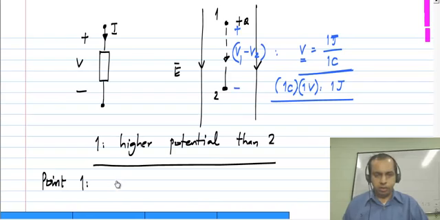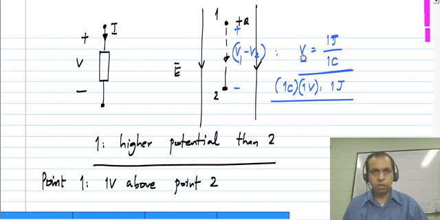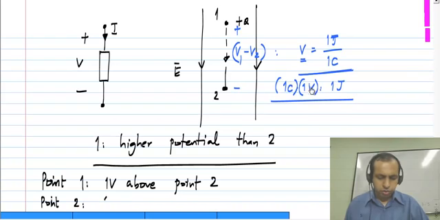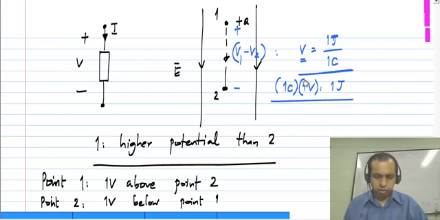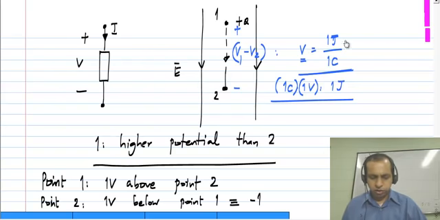So now we could say that, let's say the point 1 is 1 volt above point 2. And we could equally well say that point 2 is 1 volt below point 1, which is exactly the same as saying point 2 is minus 1 volt above point 1.